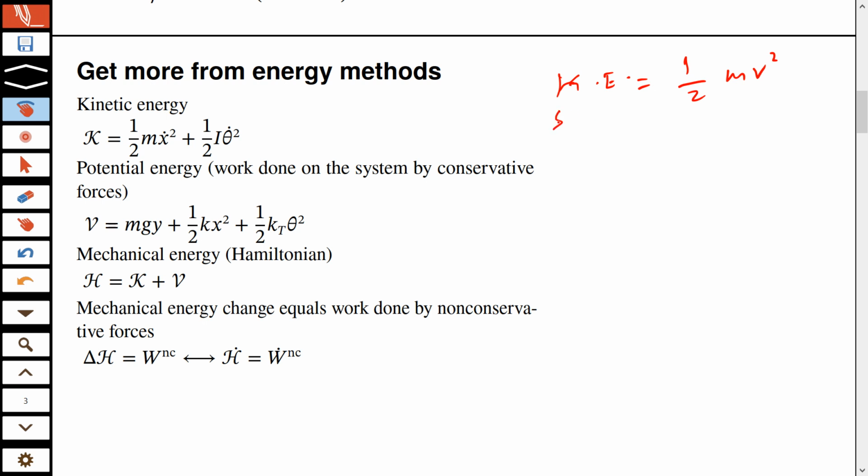Now, because this is scalar, this is also scalar. So v squared means that v is also scalar, and that's why v must be speed.